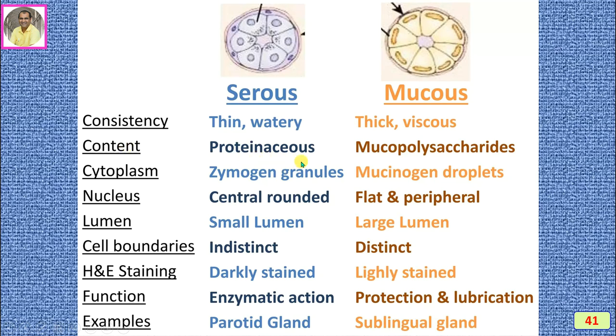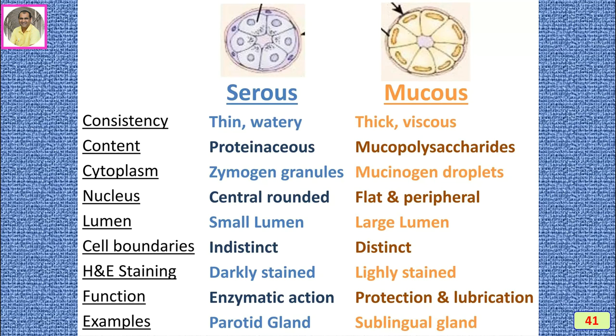The content of serous is proteinaceous, while the content of the mucous cells is mucopolysaccharide in nature. The cytoplasm of the serous secreting cells is central and rounded, whereas the mucous cytoplasm will have mucinogen droplets. The nucleus and lumen are very small in serous, whereas the mucus containing cells have a large lumen.